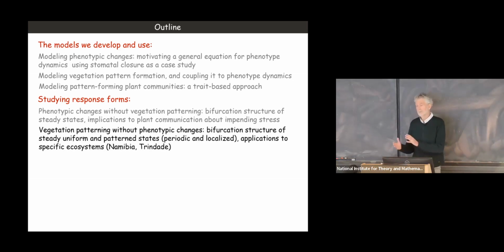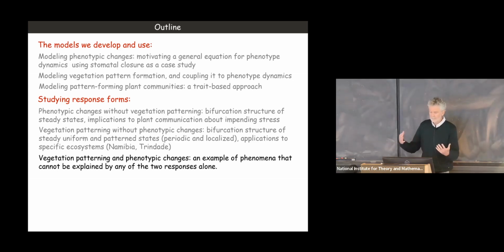Then I'll consider vegetation patterning without phenotypic changes, again showing the bifurcation structure of steady uniform, and this time also pattern solutions, periodic and localized. And I'll discuss applications to basically two specific ecosystems.